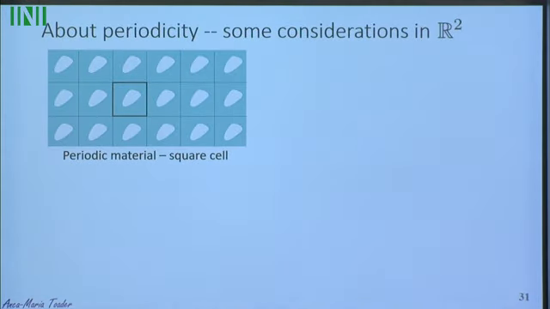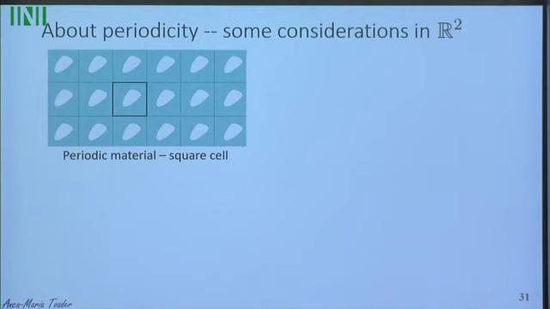So before explaining how the numerical implementation is done, I have to give some considerations about periodicity because they are linked, and only like this I can explain how the meshing is done.